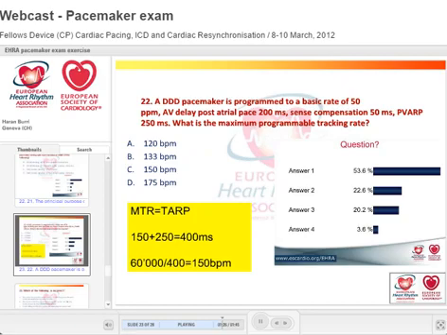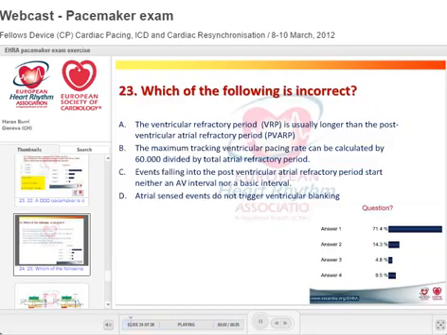And if you want to convert intervals to rate, it's 60,000 over 400. It gives you 150 beats per minute. So 1/5 if you got that right. But there was a little bit of a trap in there, so I think that's probably why you got it wrong. Okay, next question. Which of the following is incorrect?